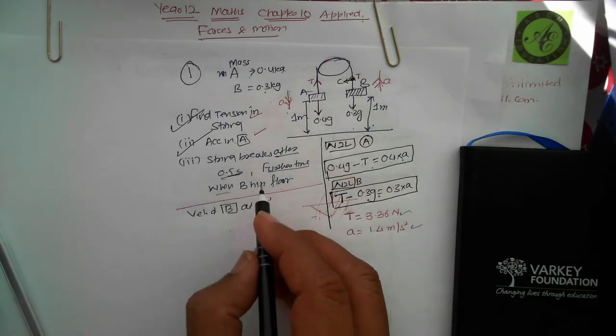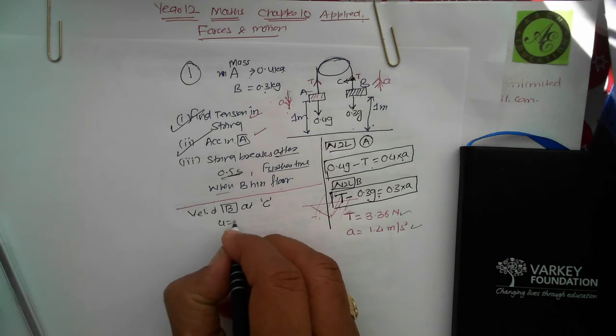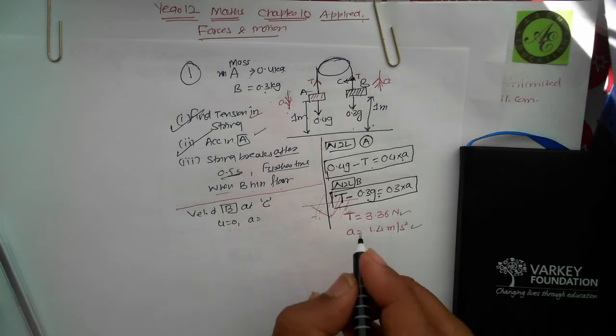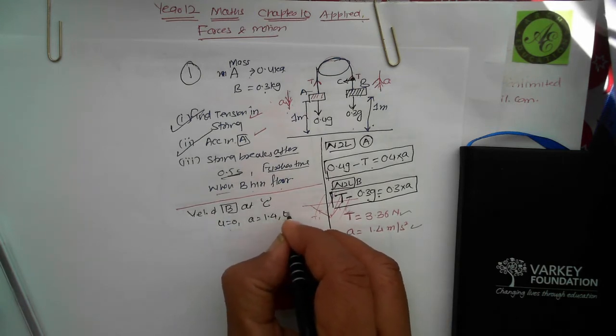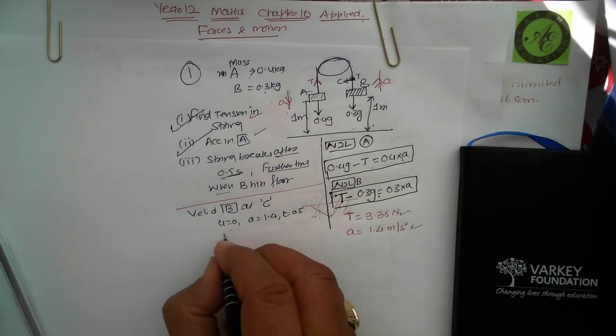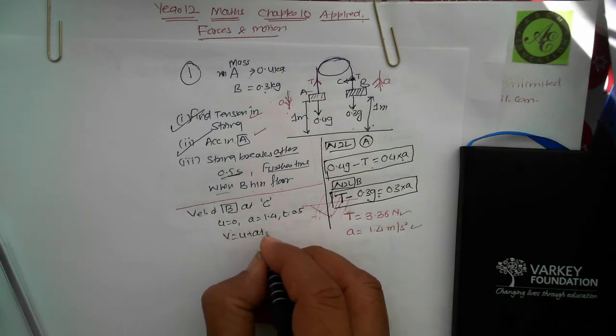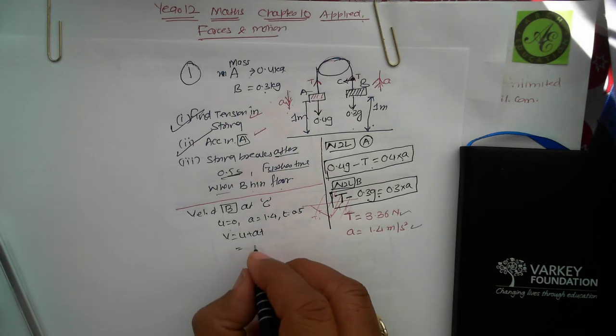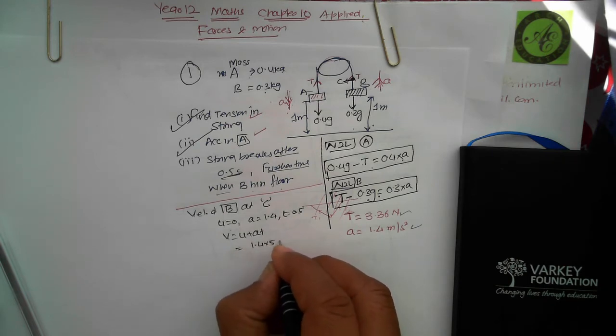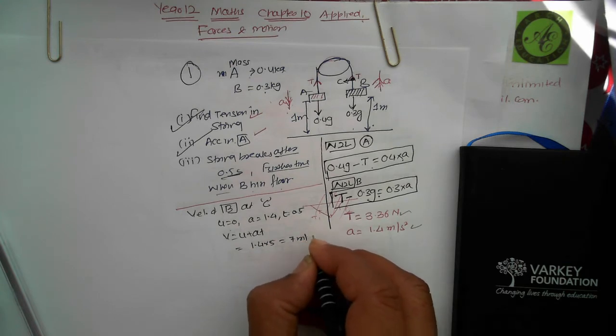Initial velocity was 0, a is 1.4 and t equals 0.5. So v equals u plus at, which gives 1.4 times 5, so it is 7 meters per second, going upwards.